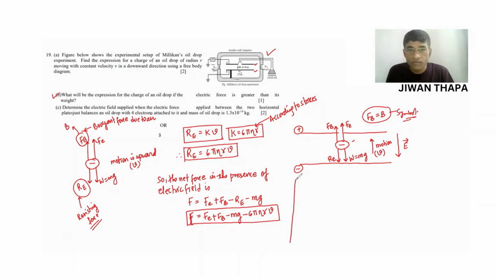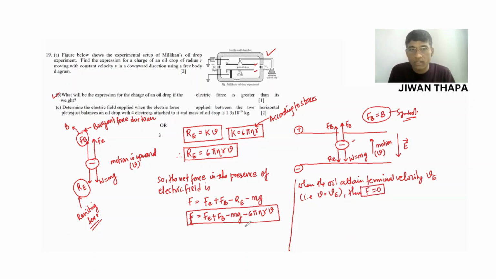Now, when the drop attains terminal velocity, let's say Ve, in the presence of the electric field, that is when v equals Ve, then F equals 0.